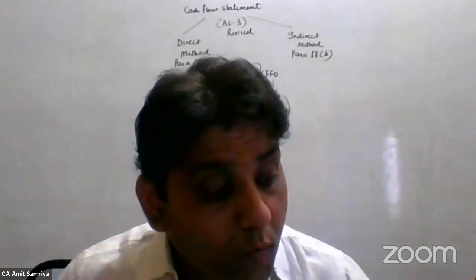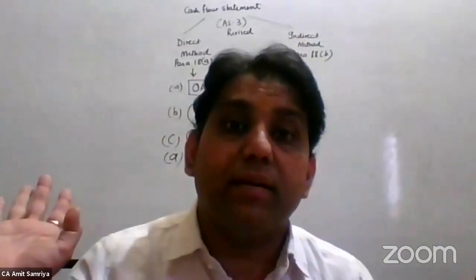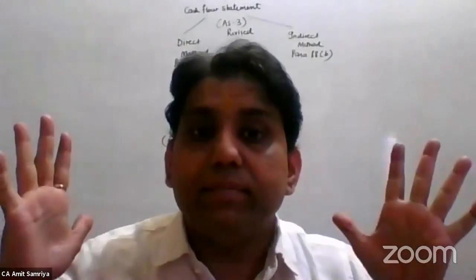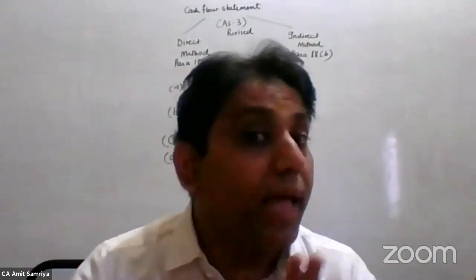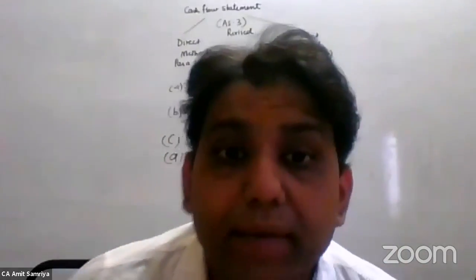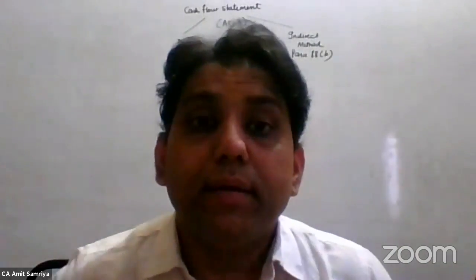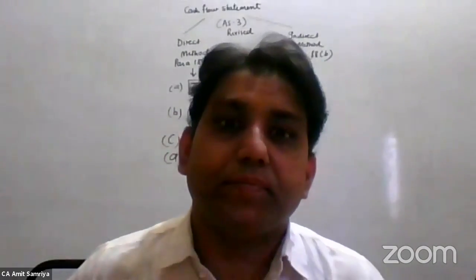One is direct, one is indirect. We discussed the direct method. It's very easy to prepare cash flow from the direct method if all cash inflows and outflows are given. But now we're going to understand the indirect method.